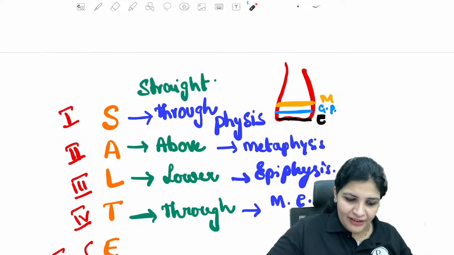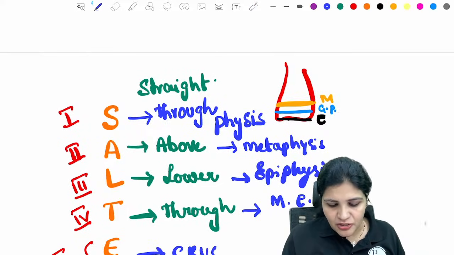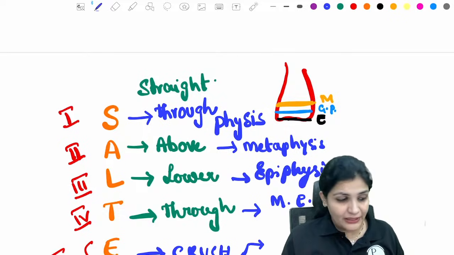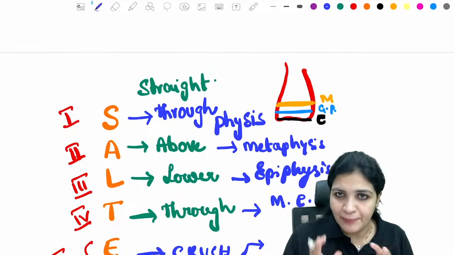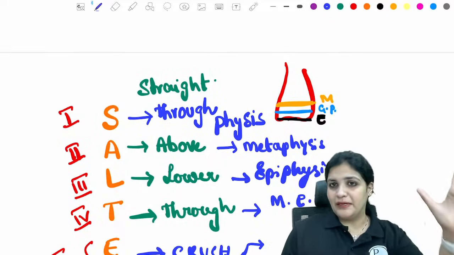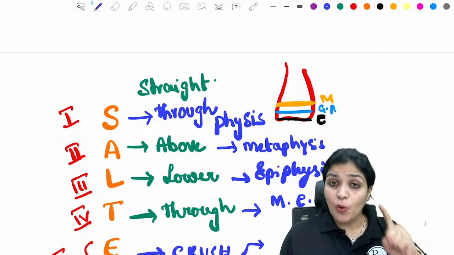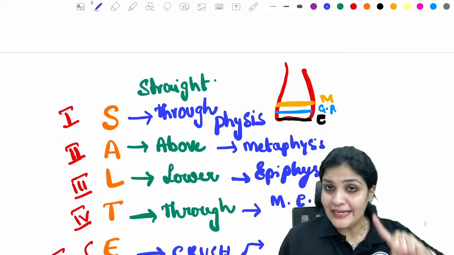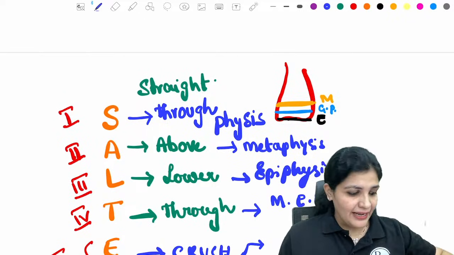And then we have the final one, which is called the crush injury. The crush injury is not usually seen on the x-ray. It is usually the outcome once there is a growth disturbance in the limb, and then retrospectively, when we see the x-rays, we decide that this is a crush injury. It is not easily diagnosed on the x-ray, so you have to be very cautious and suspicious, and explain to the patient.